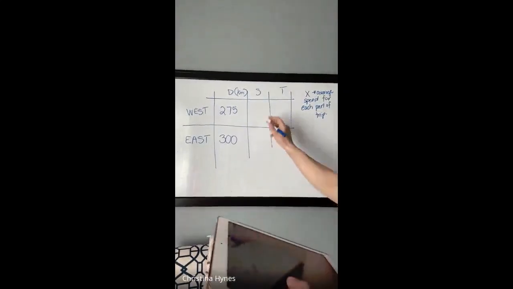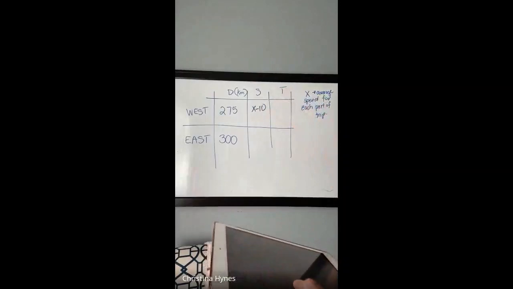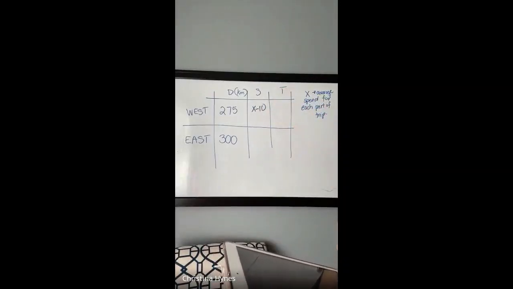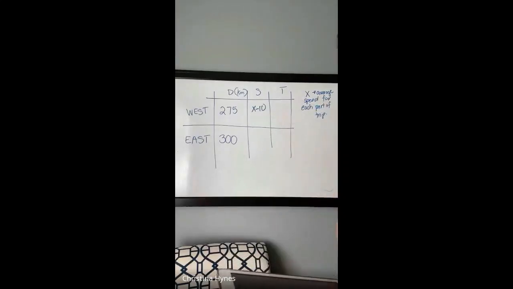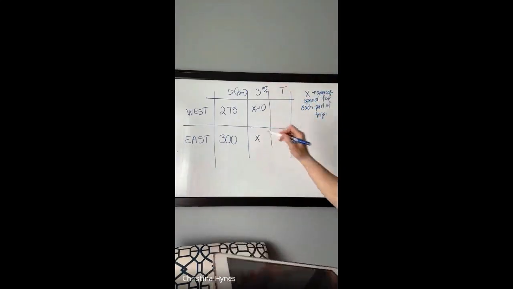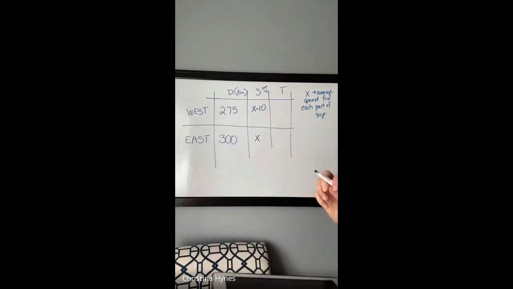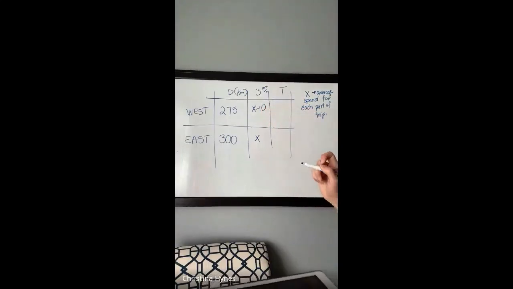So going west, we're subtracting 10 kilometers per hour, so X minus 10. Speed will be in kilometers per hour. And then for east, we have no information, so we're going to set that to X. So when we're comparing east to west, we know that west, he's going 10 kilometers per hour slower.